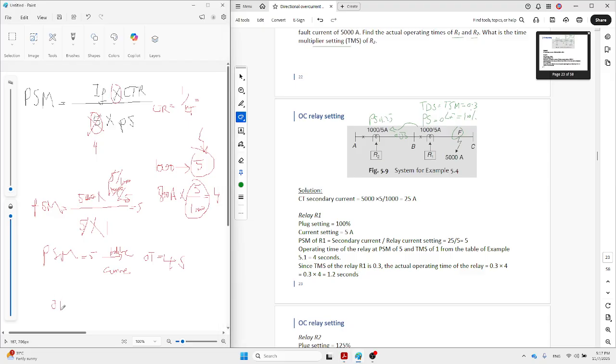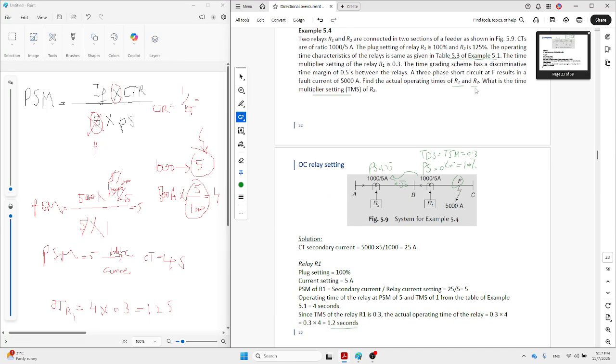So the operating time of relay number 1 equals 4 times 0.3, which is 1.2 seconds. Right now, the operating time of relay 1 is fine.